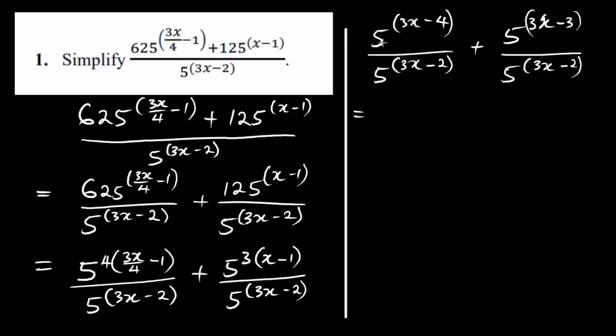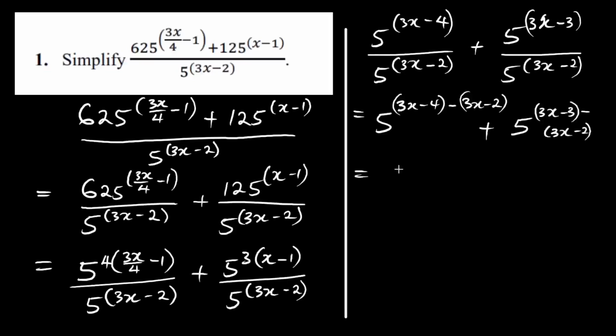When we have the same base with different powers dividing, we can subtract the powers. So I can simplify this using that law to give me 5 to power 3x minus 4 minus, 3x minus 2, plus 5 to power 3x minus 3 minus 3x minus 2. Sorry about that.